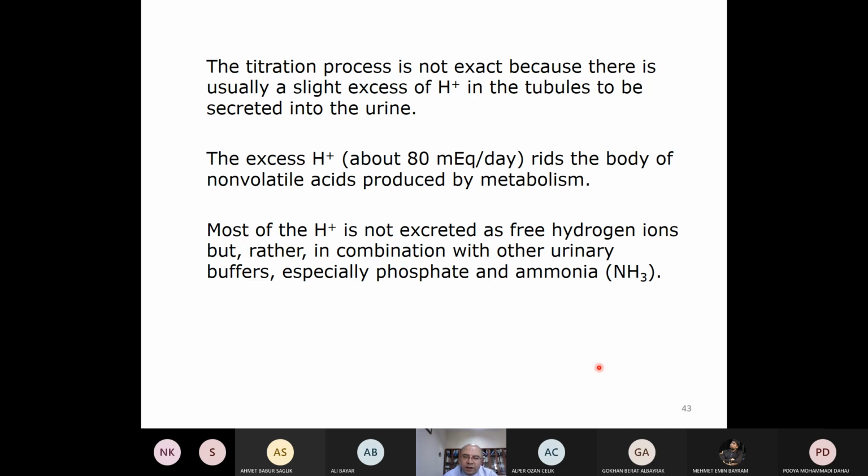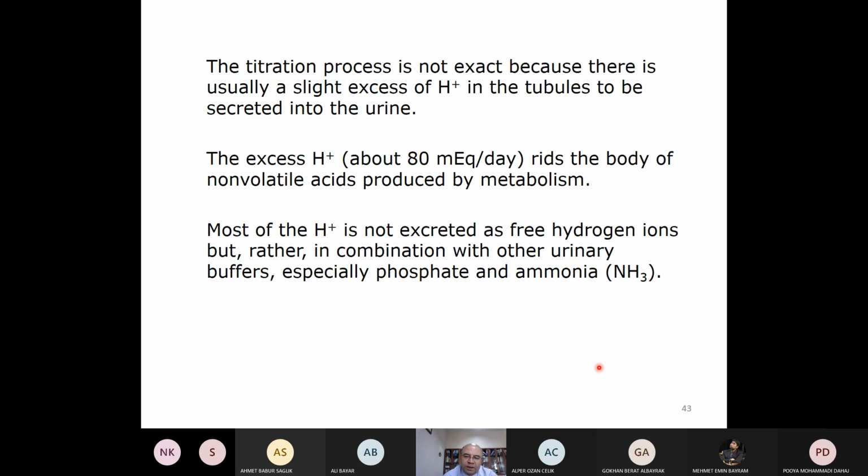Our kidneys can get rid of this excess hydrogen not by directly excreting it freely in the urine, but by combining it with hydrogen-containing phosphate, or combining it with ammonia, NH3, forming ammonium ion NH4, in the form of ammonium.